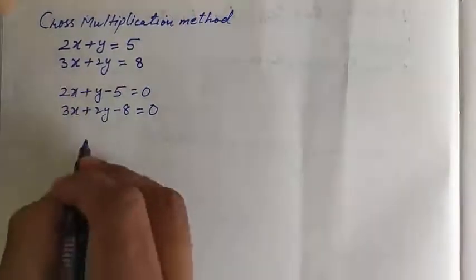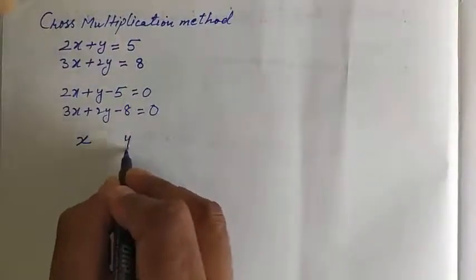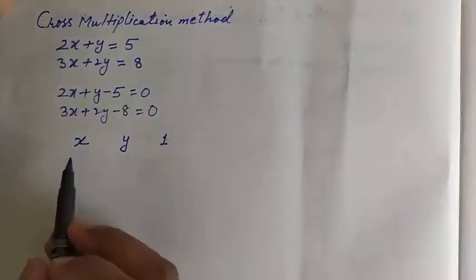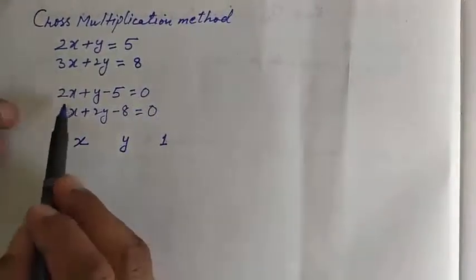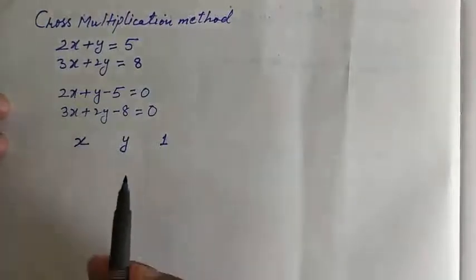What we do, first of all, we'll write here x, then here y, then here 1. So remember, we have to write x, y, and then 1. Now we will start writing the coefficients of x, y, and these constant terms below. So how will we write?